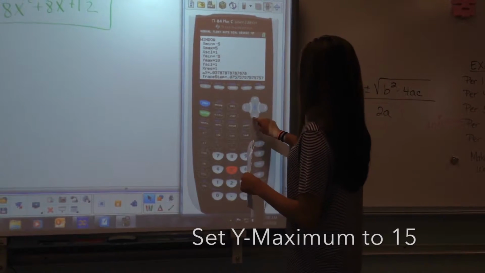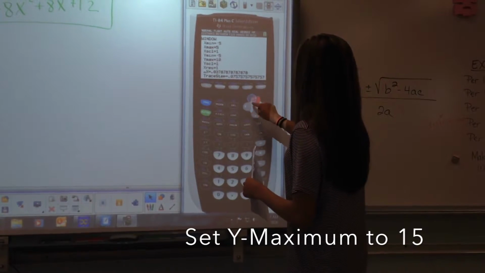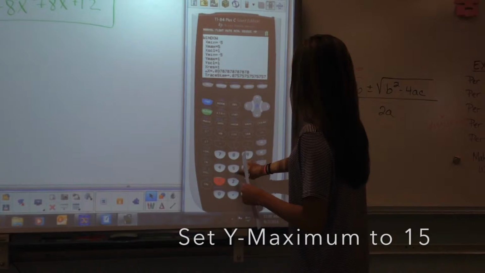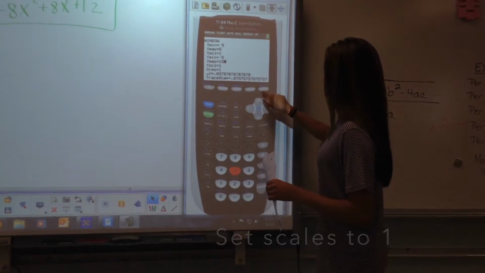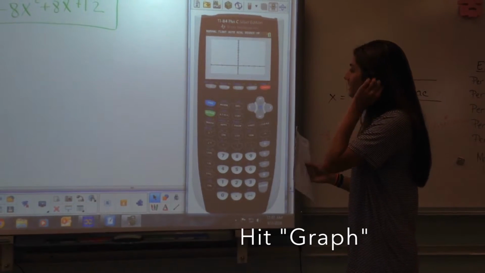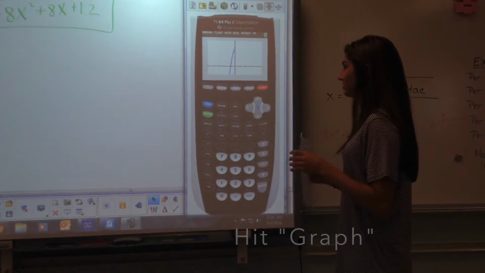Y max to 15. Okay, and then your scales can go by 1 on both sides. And then you hit graph, and you should get a pretty good picture of the function.